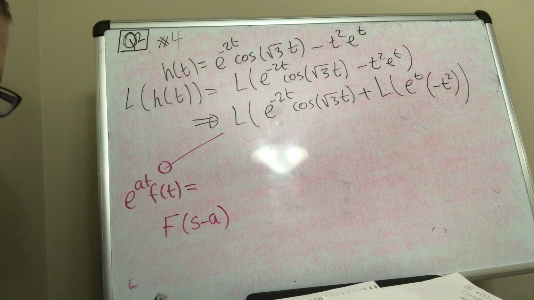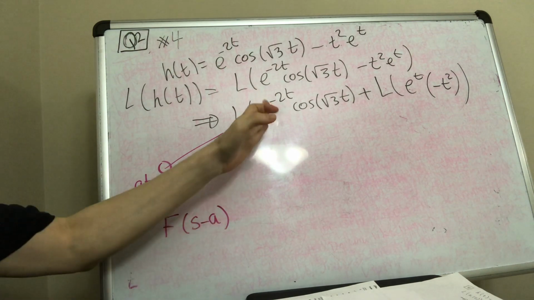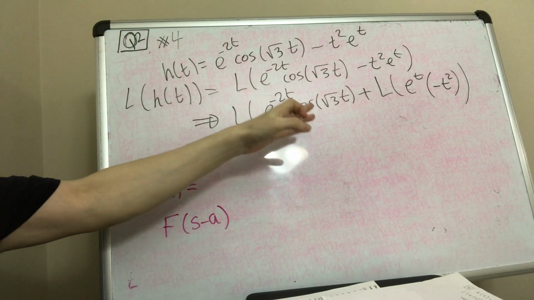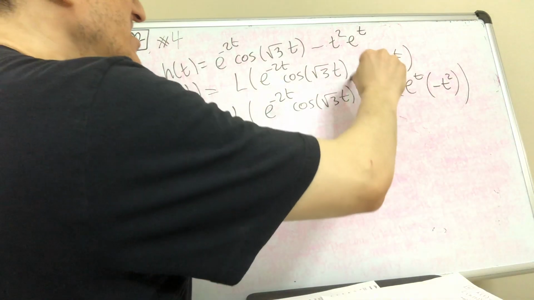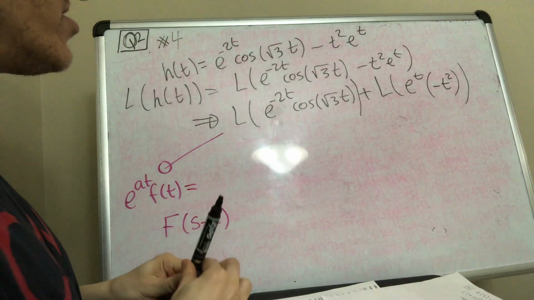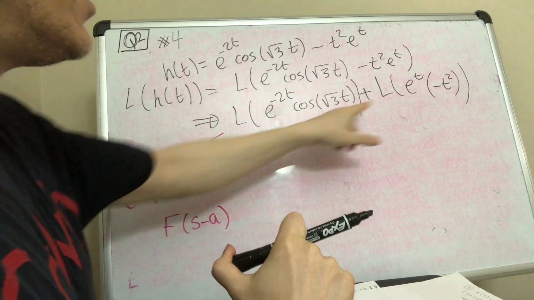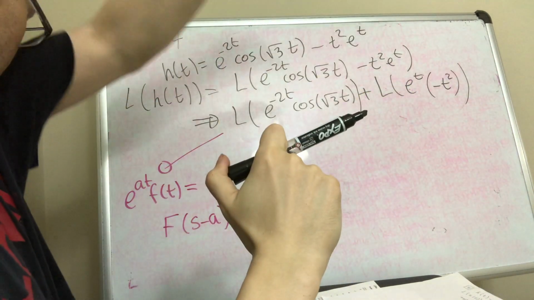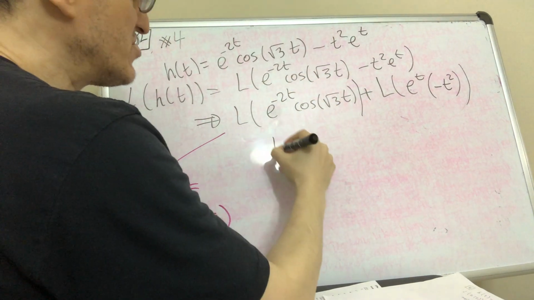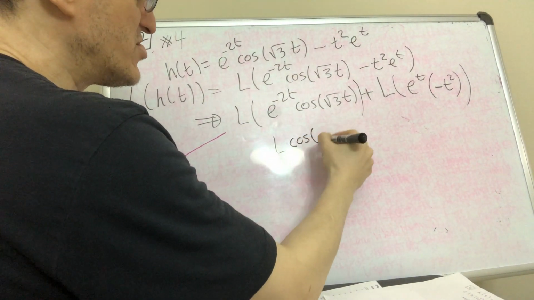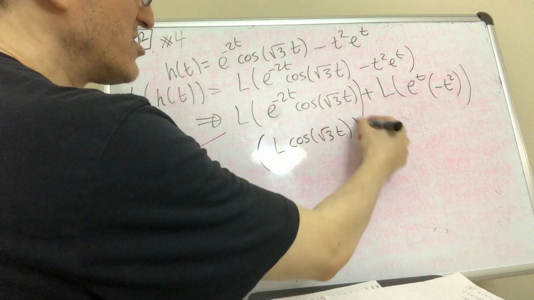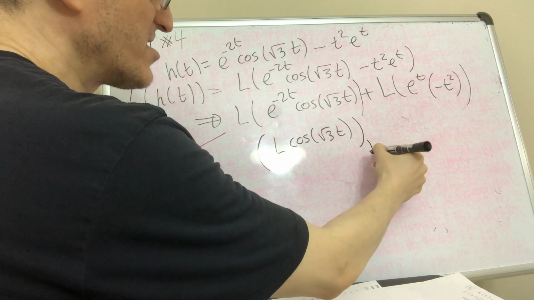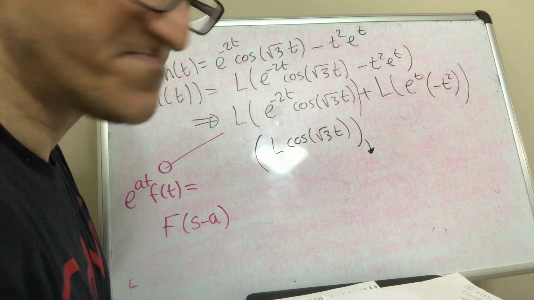So you need to do the shifting for s minus a. The idea is simple. When you have e to a certain exponent t and then a function of t, and the same thing here, this is the function of t, this is the function of t. You need to do the Laplace transformation for the function of t, but we're going to do a shift.